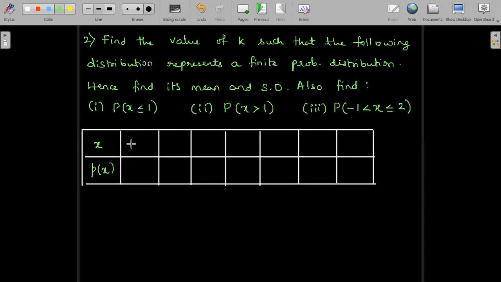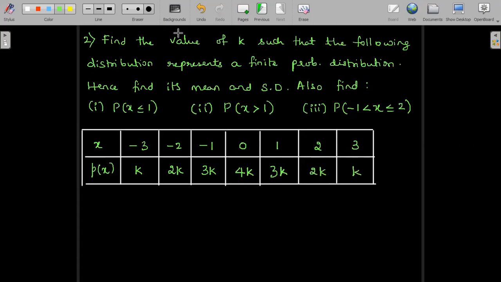So x values are -3, -2, -1, 0, 1, 2, 3, and the respective values of its probabilities are k, 2k, 3k, 4k, 3k, 2k, and k. So these are the values of x and the p of x in terms of k for us.